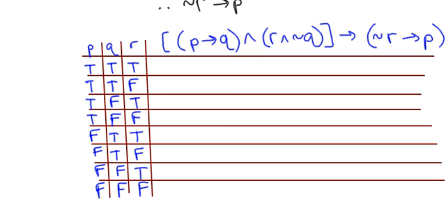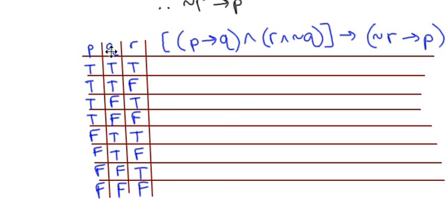The next step in setting up my truth table is going to be, because I have 3 statements, then I have 8 cases. And as you organize your truth table, it's standard under the first statement, which is our P statement, we'll list 4 trues, 4 falses.